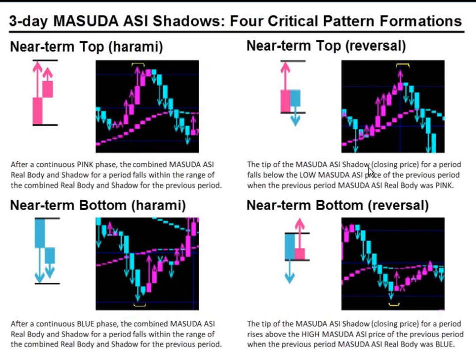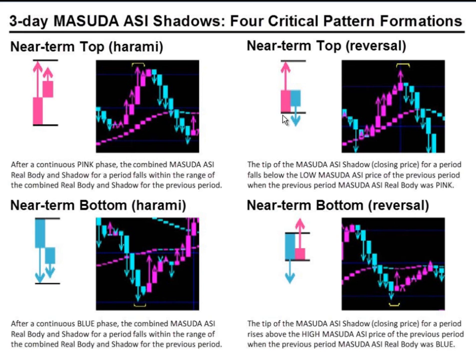The tip of the Masuda Ashi shadow for a period here. Oops, this one, sorry. This is the tip, the closing price of a Masuda Ashi shadow for a period, falls below the low Masuda Ashi price for the previous period, when the previous period Masuda Ashi real body was pink. So we have a previous period real body being pink.